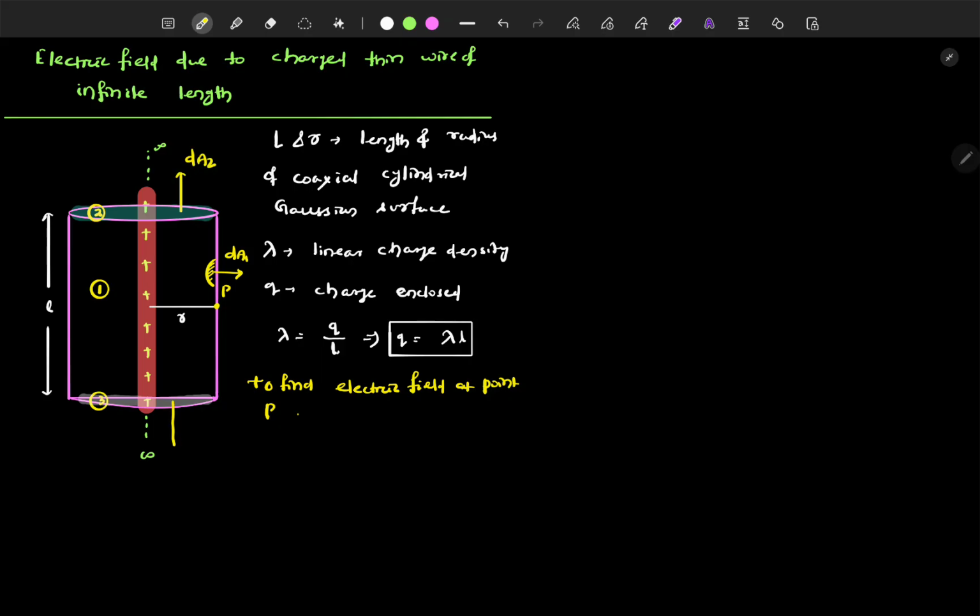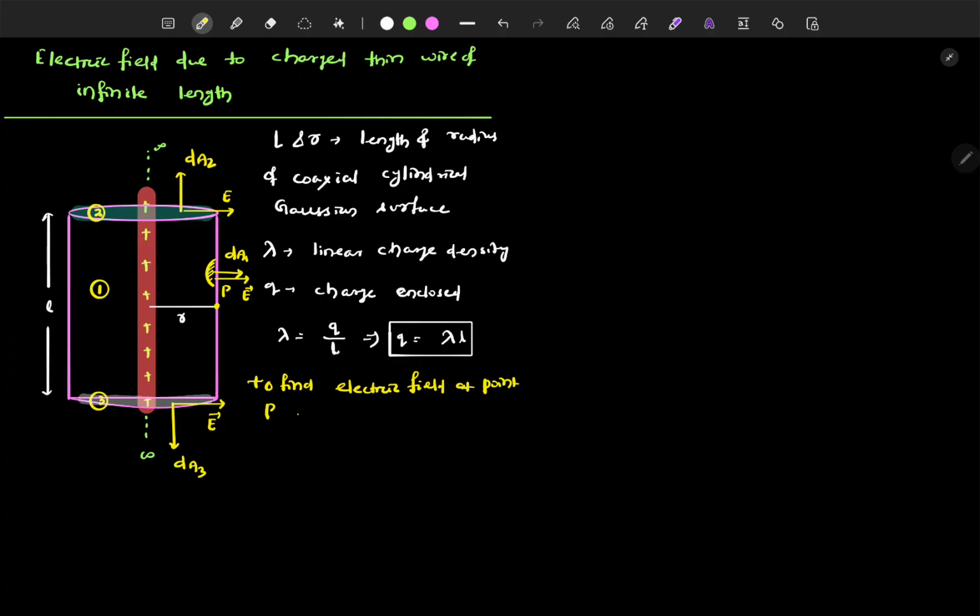And for the third surface, the area vector is the outer normal, dA3. For the dA1 surface, the direction of electric field intensity is radially outward. For the top surface, the direction of electric field is also along the positive x-axis, and for the bottom surface, this is the direction of electric field. I hope the diagram is clear to all of you.